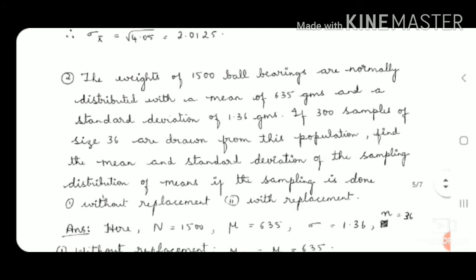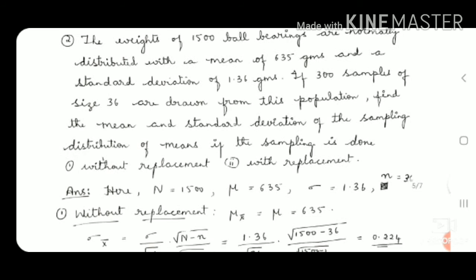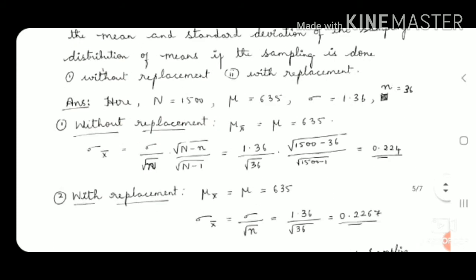The next example we have here is: the weights of 1500 ball bearings are normally distributed with a mean of 635 grams and a standard deviation of 1.36. If 300 samples of size 36 are drawn from this population, find the mean and the standard deviation of the sampling distribution of means if the sampling is done without replacement and with replacement.